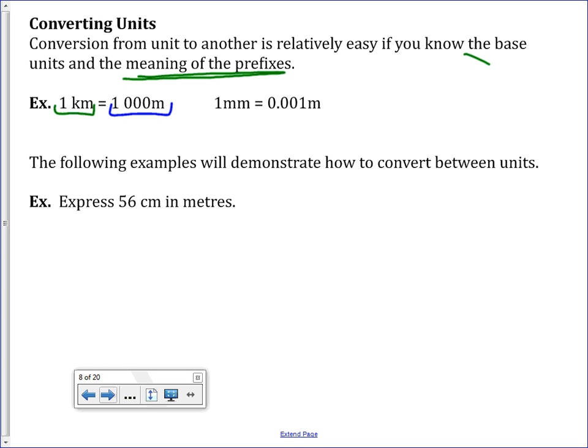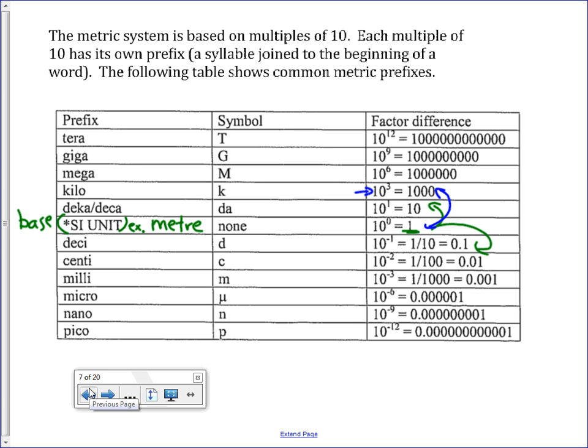In the other example, if we had 1 millimeter, and if we go back and have a look at the chart, here is our millimeter with that symbol of M. A millimeter is 1,000 times smaller than our base unit of the meter.